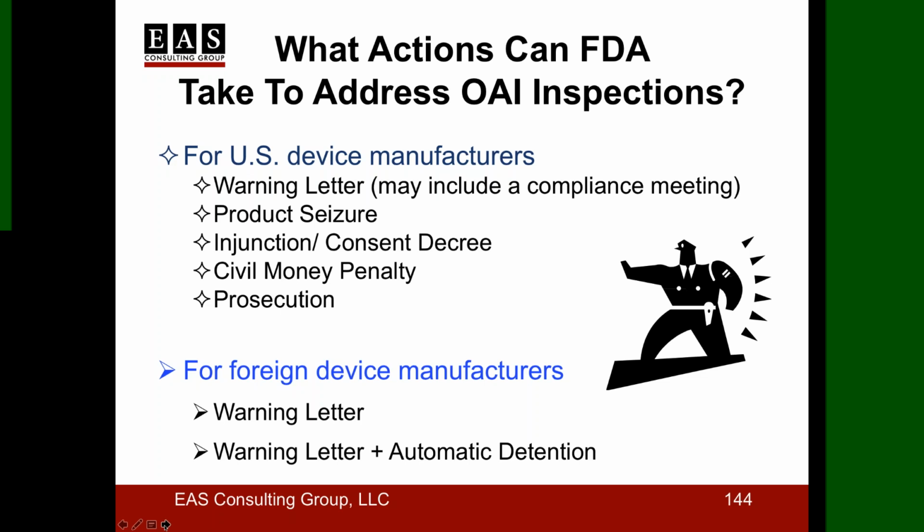Consent decree is basically very similar in nature. The difference is the civil money penalty is one where not only are they charging the firm like they do with an injunction or consent decree, but they're actually charging the people involved. That's why earlier on I mentioned when FDA comes in, not only do they look at whether you're complying with the actual laws in interstate commerce, they're also asking who is doing what: duties, responsibilities, authorities, because in these cases they can charge companies millions of dollars in civil money penalties and injunctions.